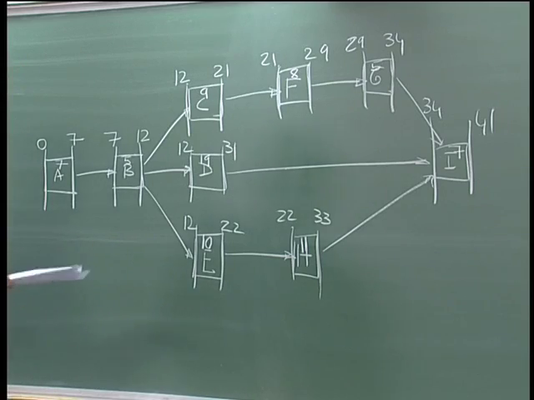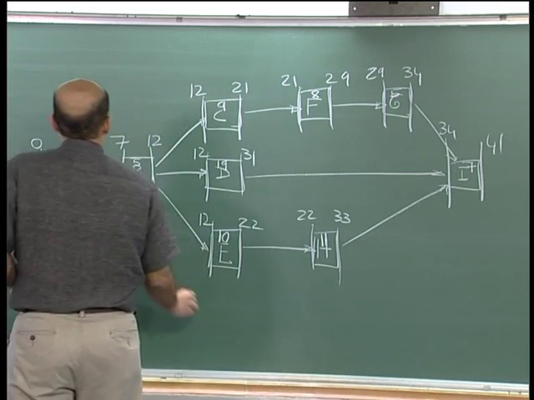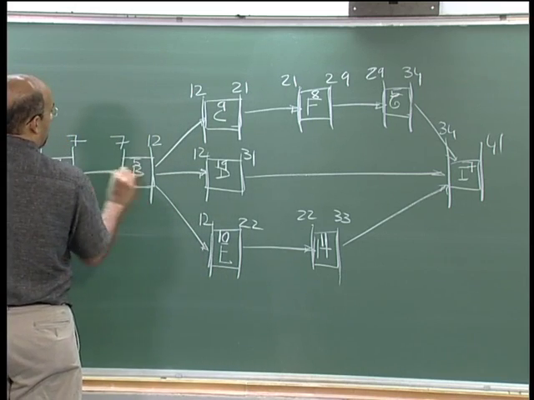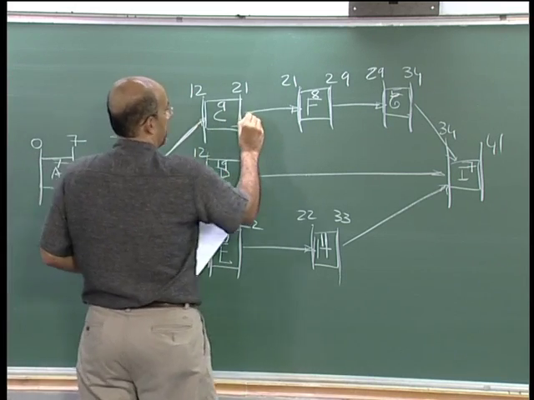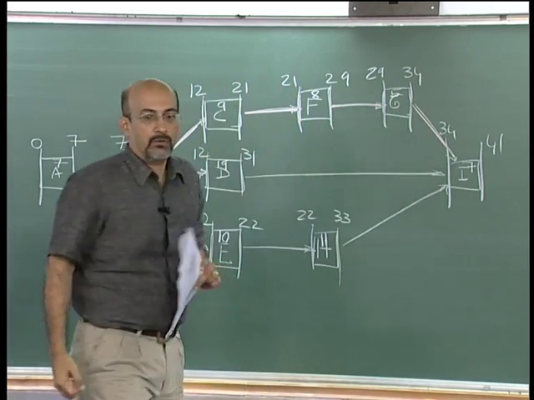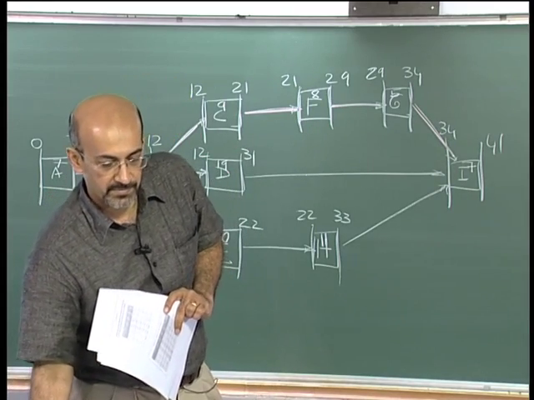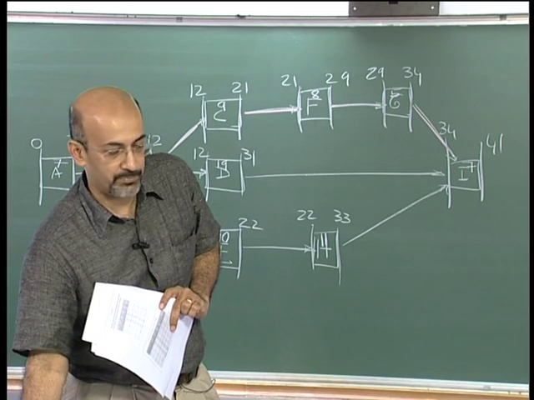Now we can see the critical path: A, B, C, F, G, I. You can see in the slide there are 3 possible paths.